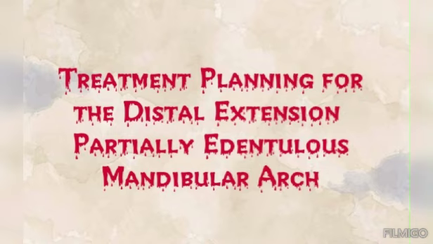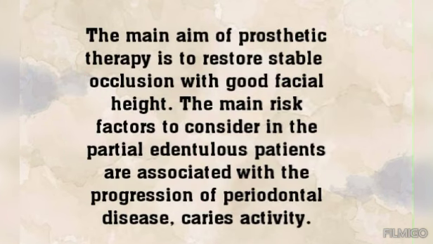Next, moving on to treatment planning for the distal extension partially edentulous mandibular arch. What is the treatment planning for the distal extension partially edentulous mandibular arch? The main aim of prosthetic therapy is to restore stable occlusion with good facial height.